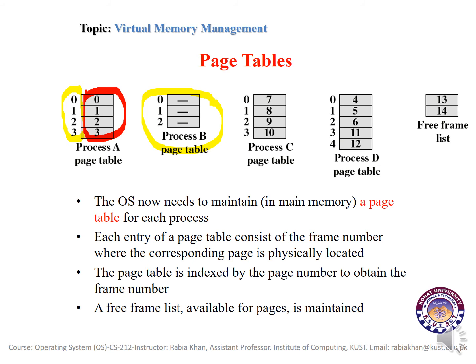Process C has 4 pages loaded in frames number 7, 8, 9 and 10. While process D had 5 pages and they are placed in frame numbers 4, 5, 6, 11 and 12.